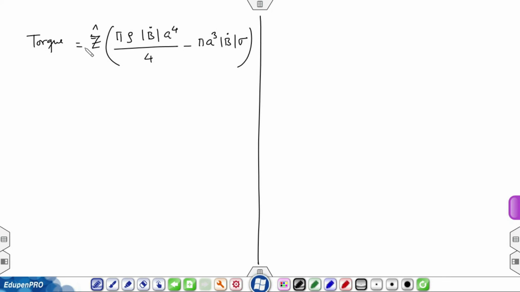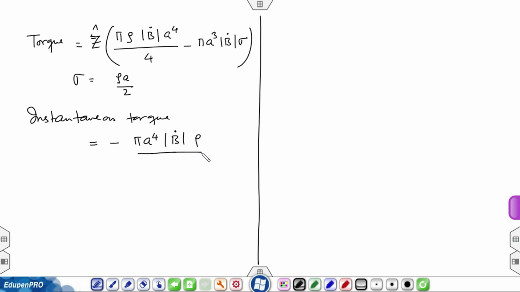You substitute sigma equals rho a by 2, and you get instantaneous torque to be equal to minus pi a raised to 4 mod B dot rho over 4 in the z direction. Mod means I am just taking care of the negative sign.